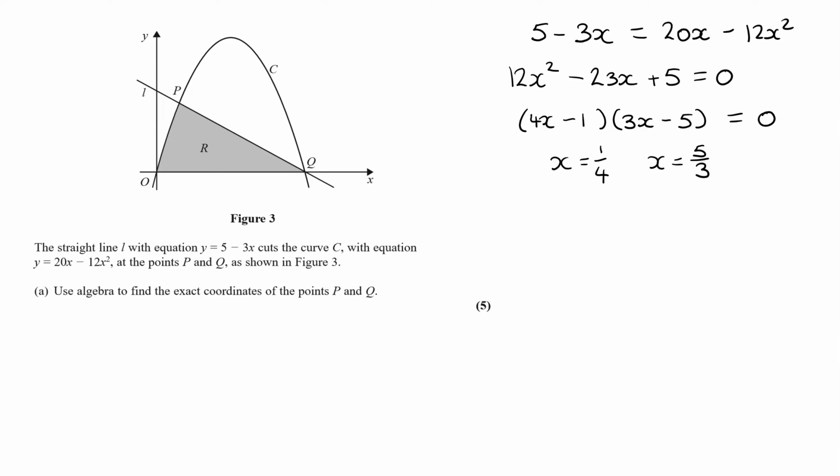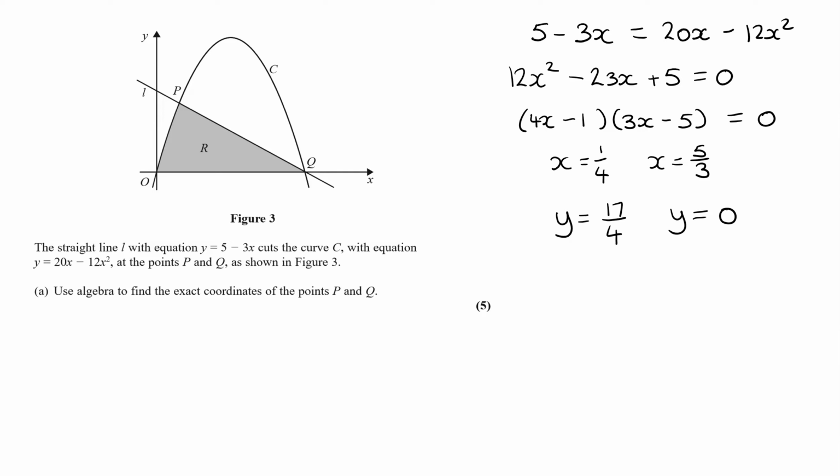So I sub x equals a quarter into y equals 5 minus 3x, and when I do so, I get 17 over 4. Sub in the 5 over 3 into y equals 5 minus 3x, and I simply get 0. And that makes sense. 5 over 3 is bigger than a quarter, and you can see from the diagram here, I would expect 0.